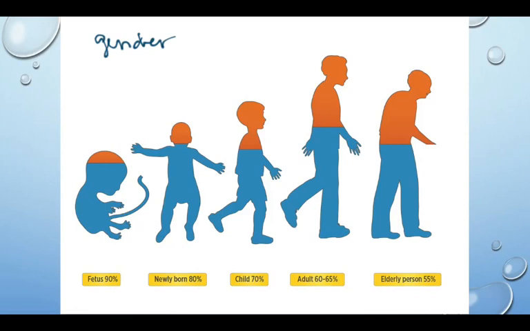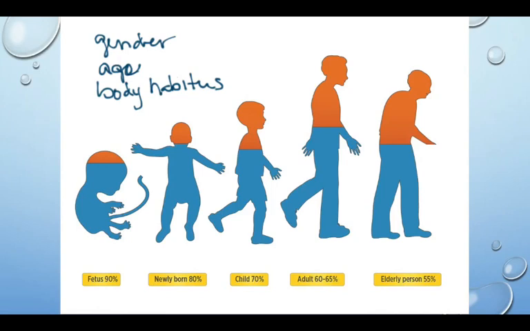Age, and body habitus. When I say body habitus, I'm talking about very thin people, or you have a normal body habitus, which is considered a normal body weight, or somebody who's obese. That's their body habitus.